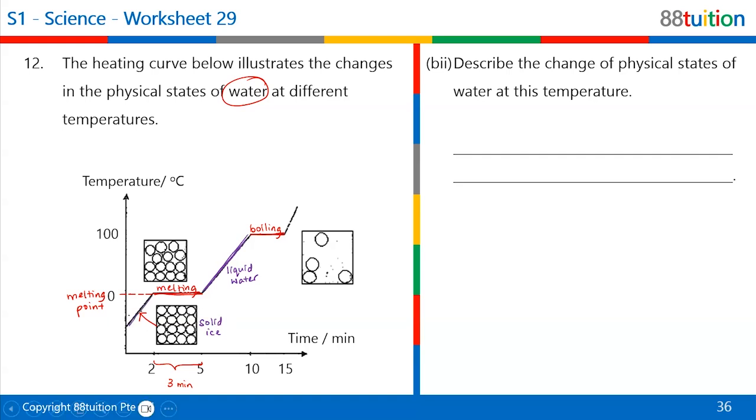Now, when the liquid water continues to be heated, so we keep adding heat to the liquid water, it will come to a point where you see a lot of bubbling. If you're boiling a pot or a kettle of water, it will reach a certain point where you start to see a lot of big bubbles. The process is quite violent.